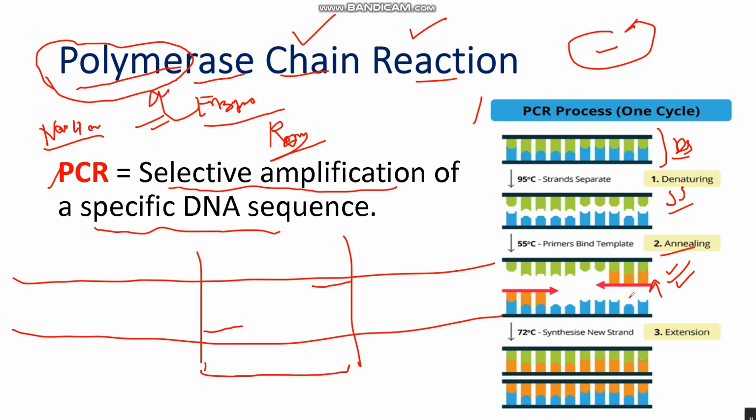The primers attach at the annealing temperature, and then extension, at 72 degrees centigrade, at which the maximum extension of the DNA strand occurs, exponentially increasing your DNA strands, 2 to the power n, like one strand becoming two double strands.